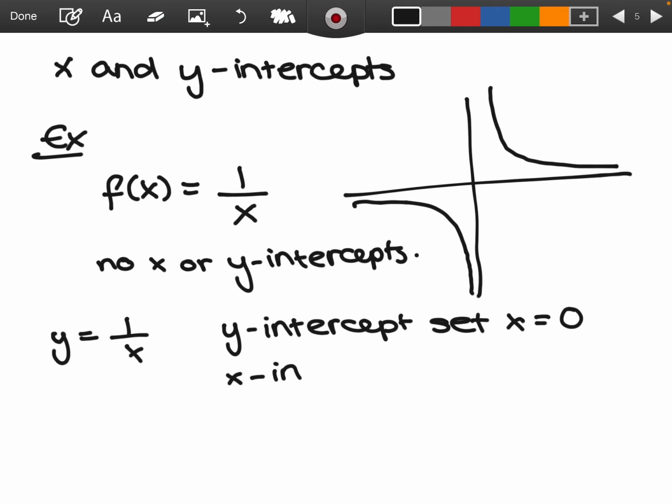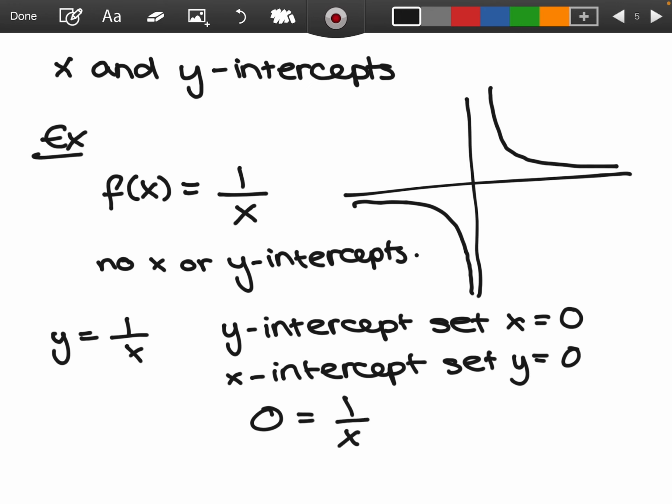How about an x-intercept? For an x-intercept, we set y equal to 0. So if I did that here, I would have 0 is equal to 1 divided by x. 1 divided by anything is never 0. There is no way that I can get 0 by taking 1 divided by any number.